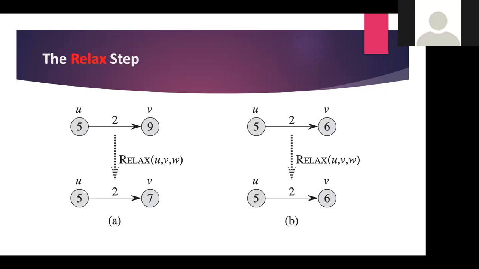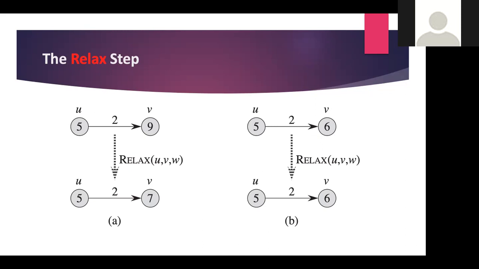And what Dijkstra's algorithm does is it starts from a source and then works its way outside, expanding out from the source, and relaxes all the edges as you go out. It relaxes the edges in the order in which the vertices get visited.